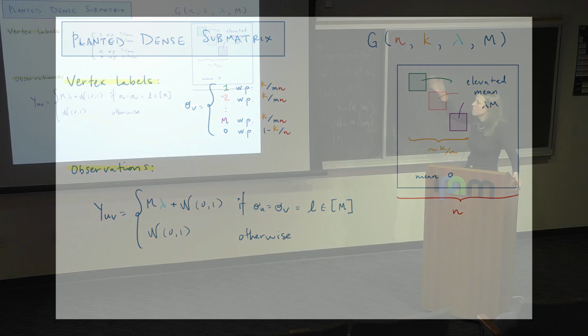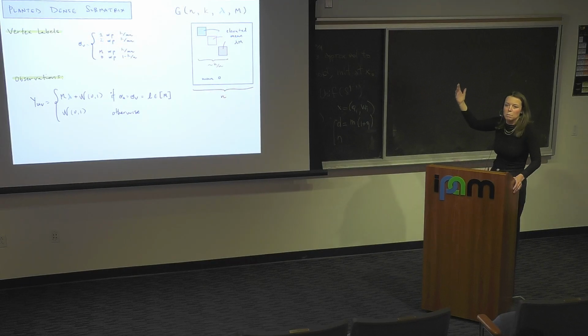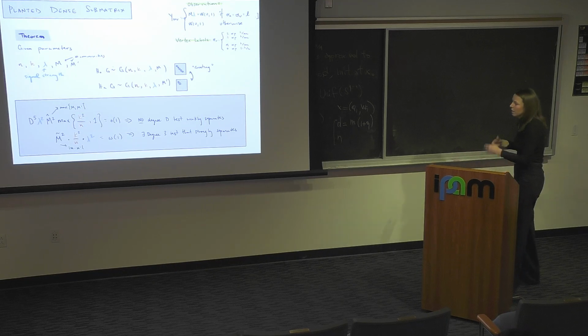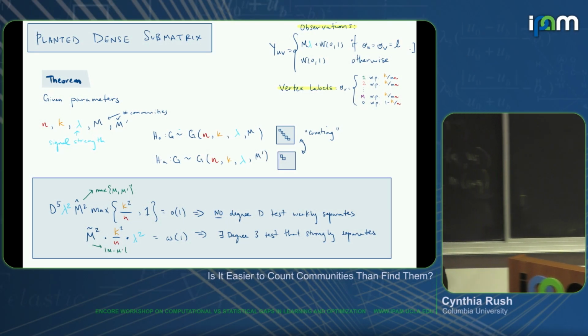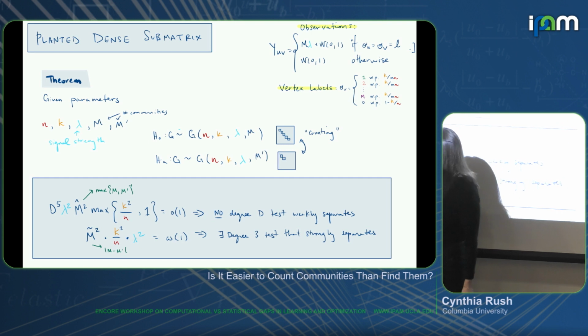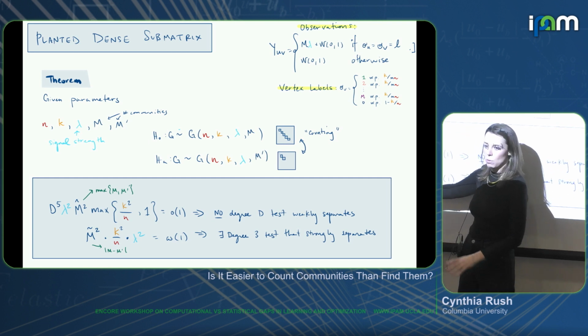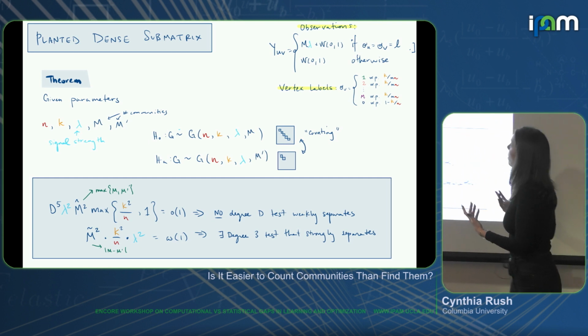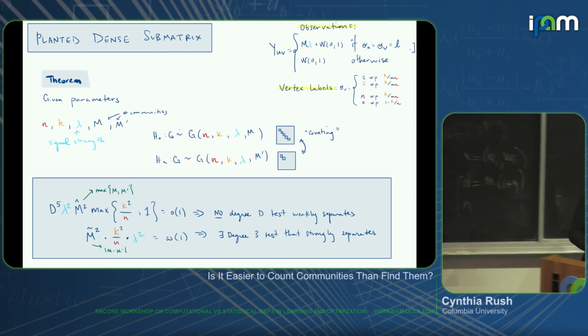This is a basic model for sparse PCA and these sorts of things. And we get basically the same sorts of results. The crucial term is lambda squared k squared over n. Phase diagrams are the same, right?